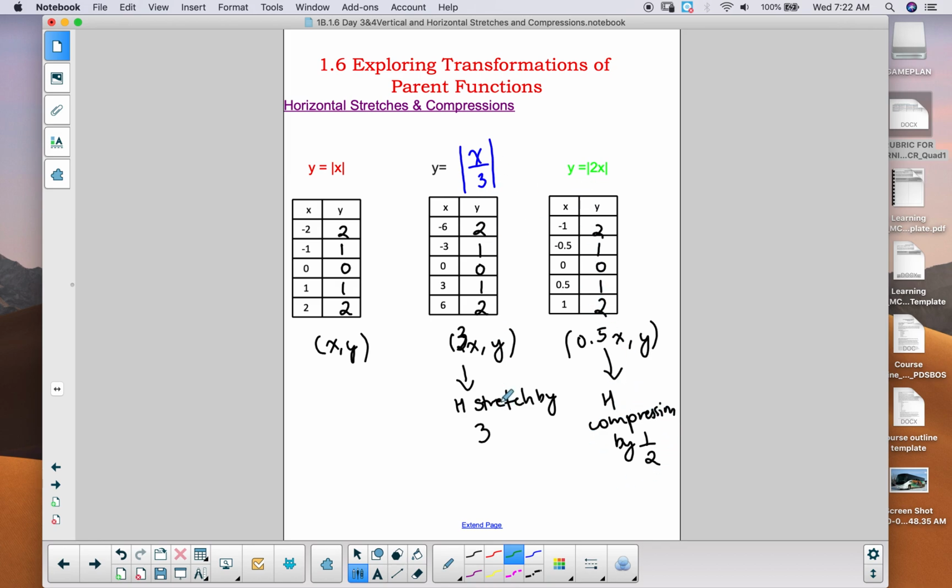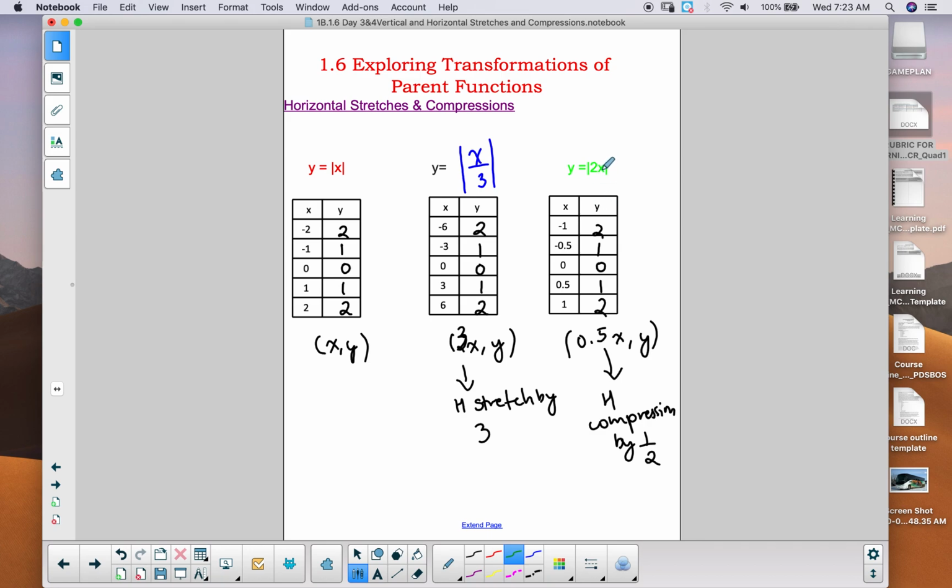So that's the difference between vertical and horizontal stretches. So if it is x divided by 3, then it's actually getting stretched times 3. And if it is times 2, it's getting stretched divided by 2. So you'll find that in y equals absolute value of x divided by 3, my new ordered pairs will be 3 times whatever the value of x is, comma y.